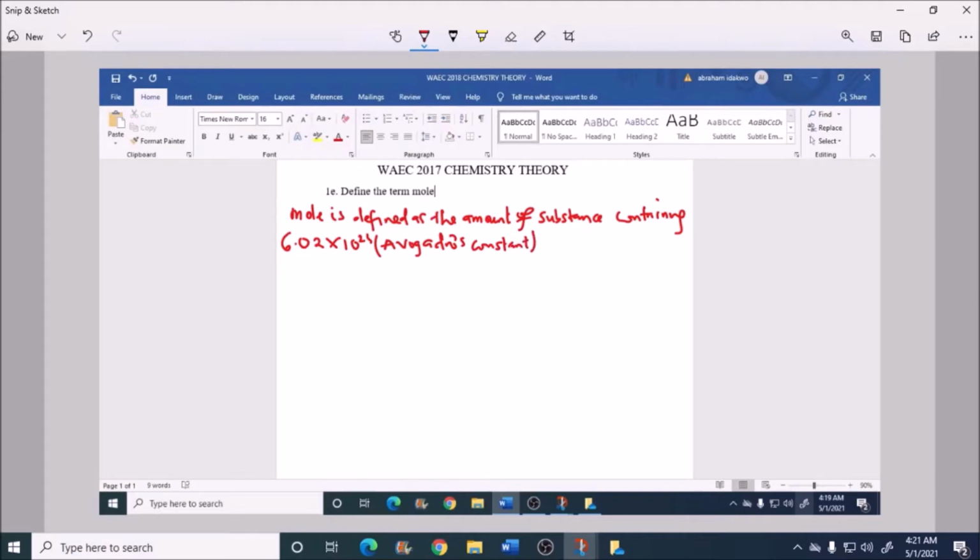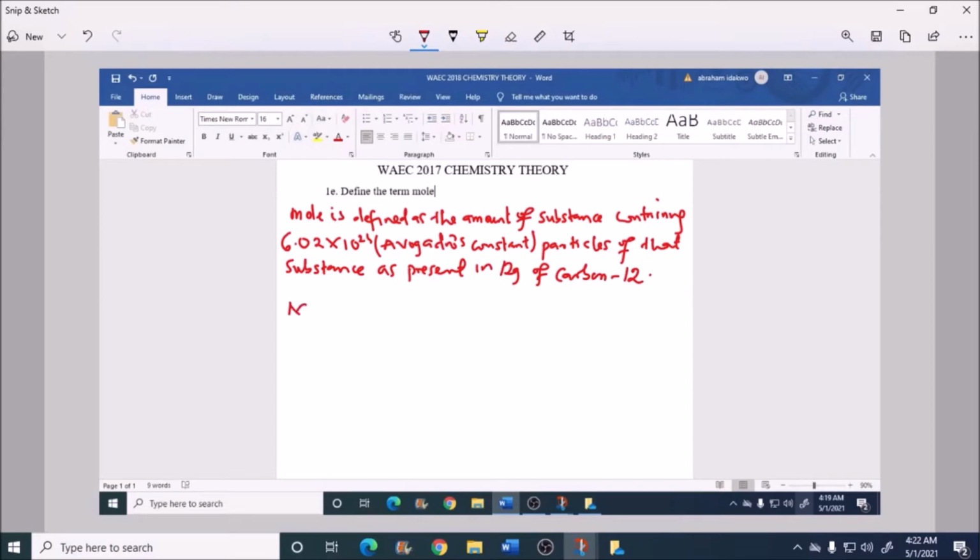So mole is defined as the amount of substance containing 6.02 times 10 raised to power 23 particles of that substance as present in 12 gram of carbon 12.